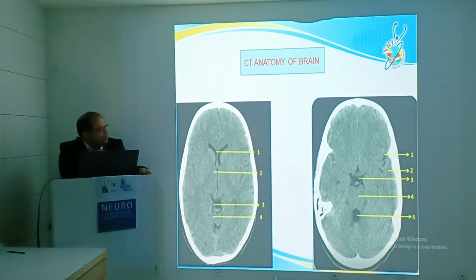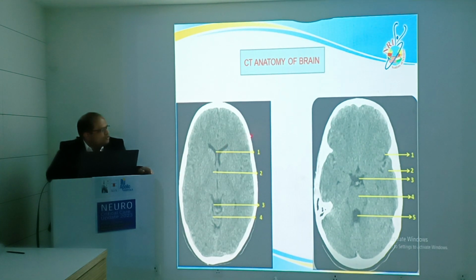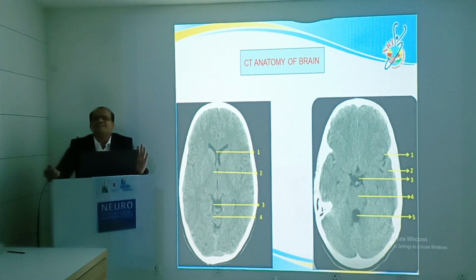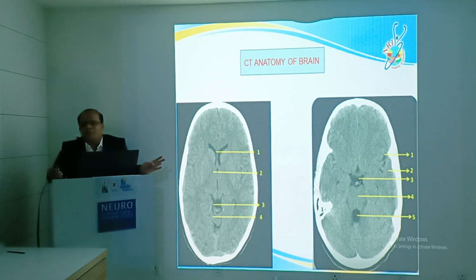The other is the gray matter and white matter, that is the parenchyma, and then the black one is the CSF. The CSF, which is water, has a Hounsfield value of around 0, so that's why it appears black. So, the bright white bone, the gray parenchyma, and the black CSF.